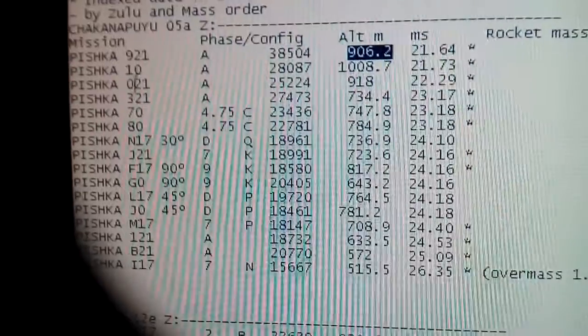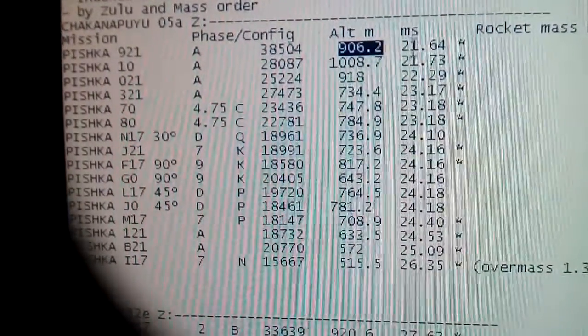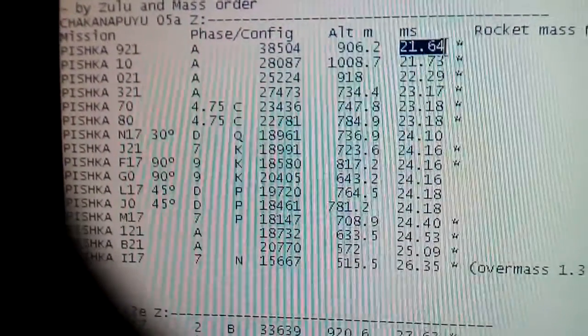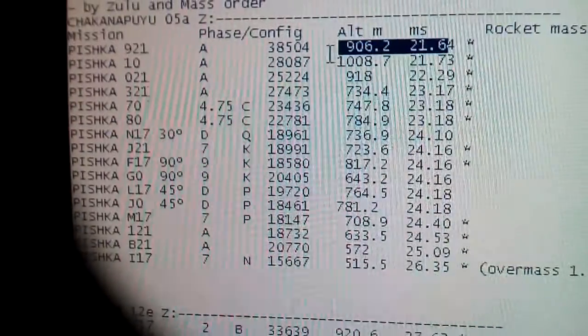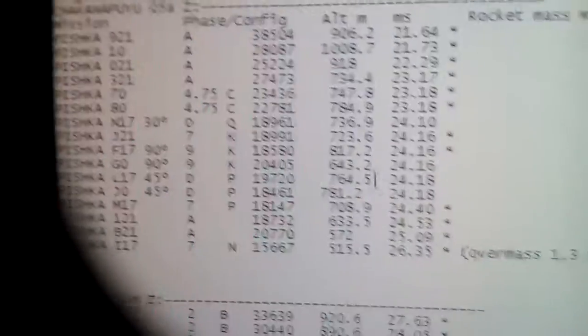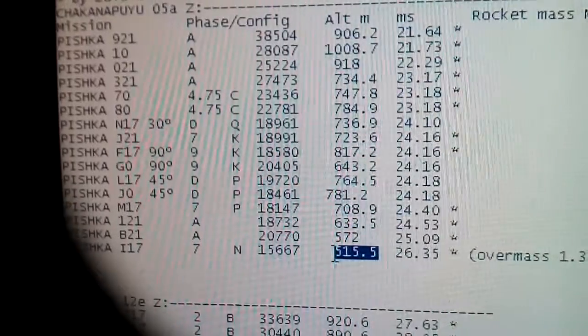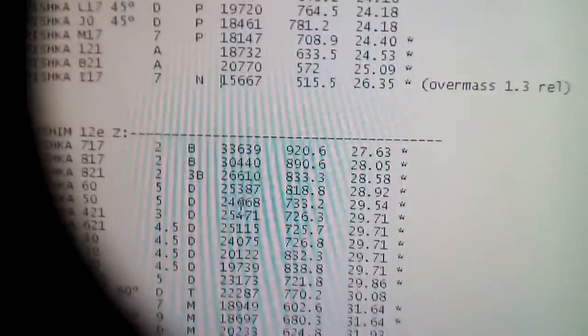This is the mission and all the configuration. As you see, the lighter rocket produces more altitude and velocity, and the heavy rocket produces less speed, etc.